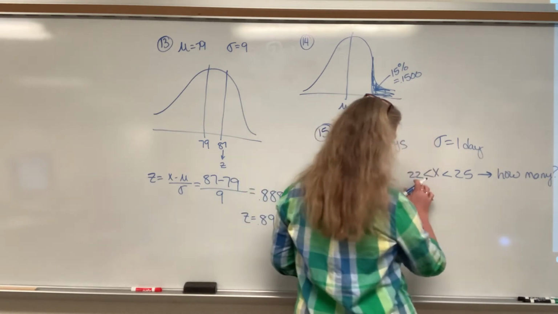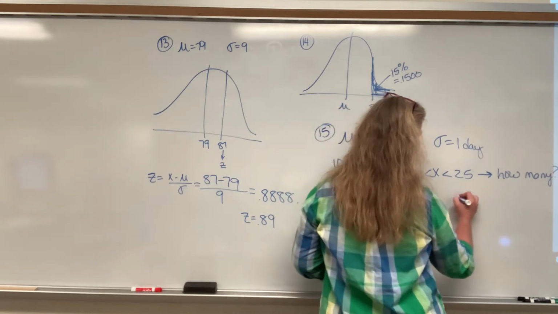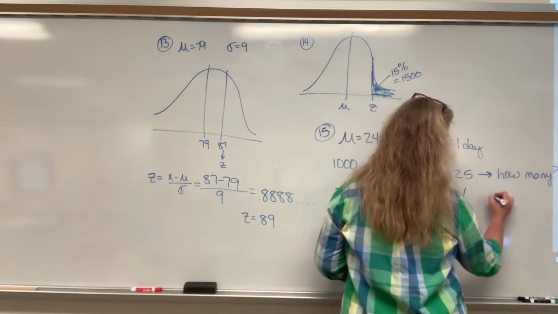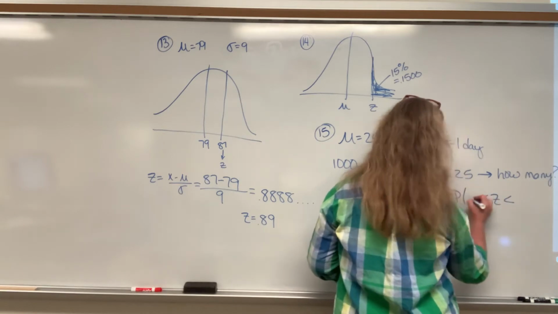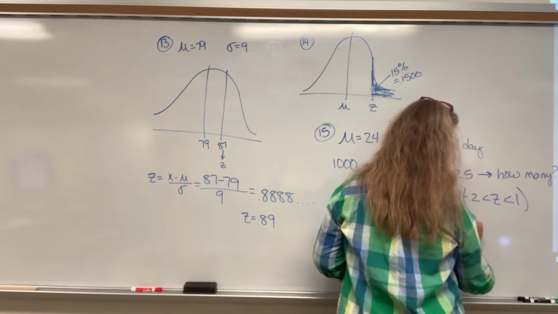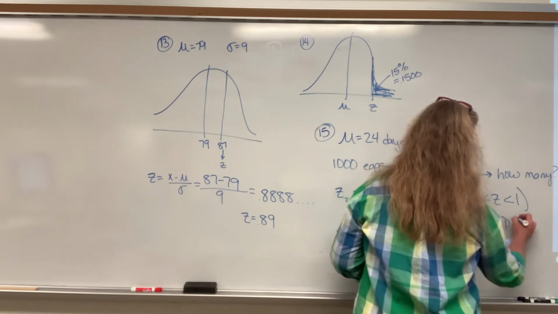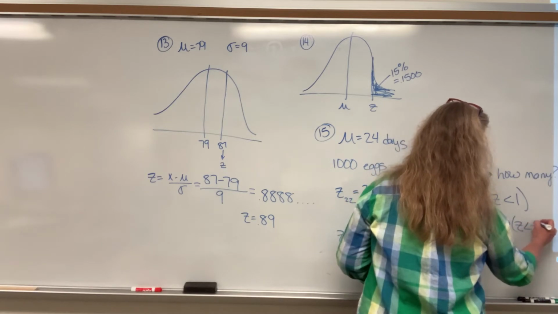So the probability that x is between 22 and 25 can be calculated by the probability that z is between negative 2 and positive 1. So the probability that z is less than 1 minus the probability that z is less than negative 2.